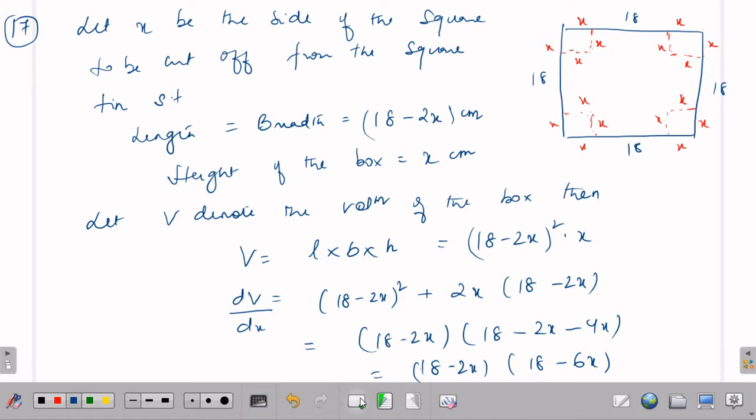After I got your dV by dx, what I can do next is that now your first order differentiation would be 0. So dV by dx would be 0. In short, I'll get here (18 minus 2x) into (18 minus 6x) equal to 0.